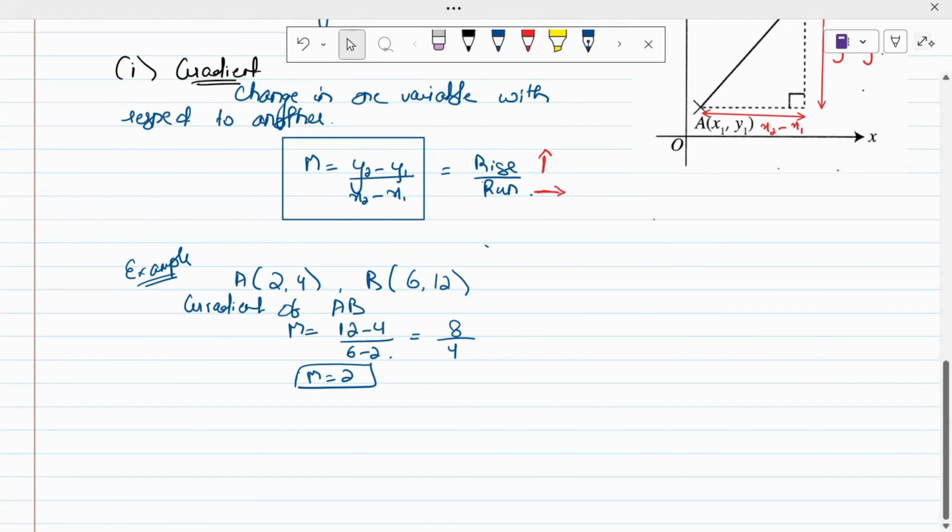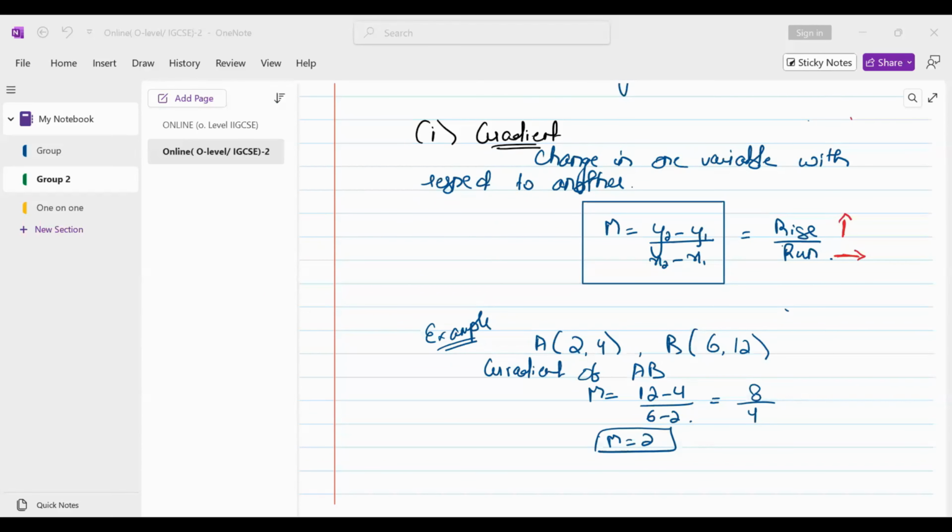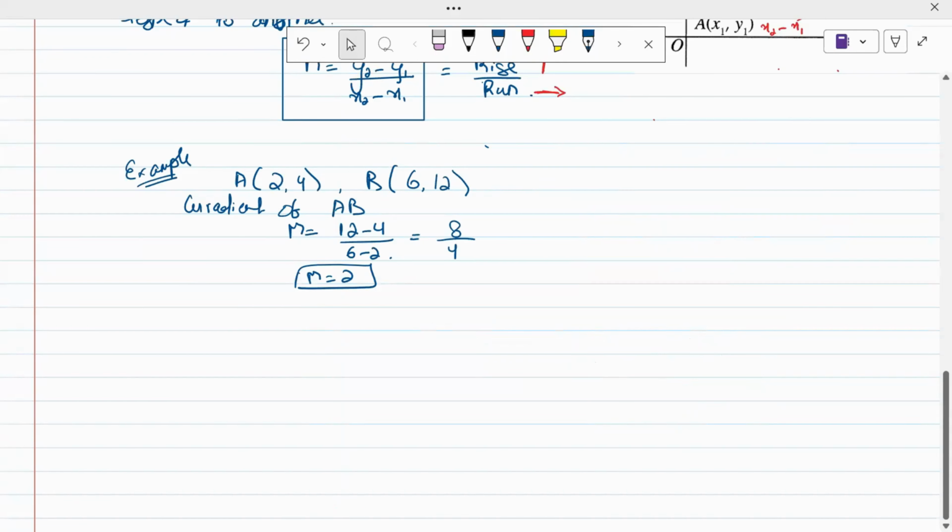It's not necessary that we would always be having numbers involved when we talk about gradient. We can also expect variables there. For example, if these are the 2 points and we have to find their gradient, the basic idea remains the same. For us, this would be x1, y1, and this would be x2, y2.